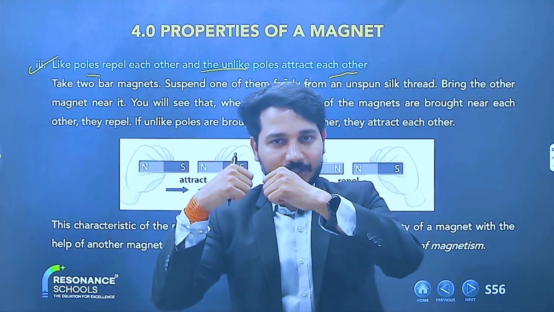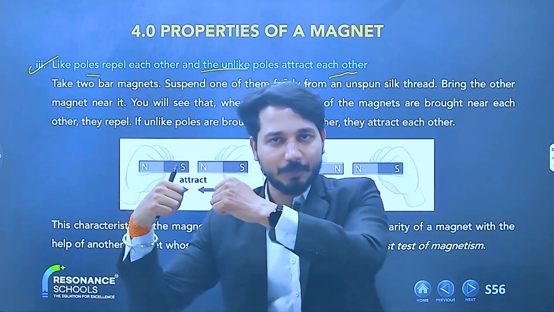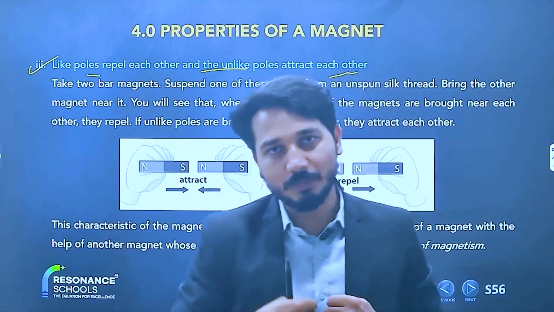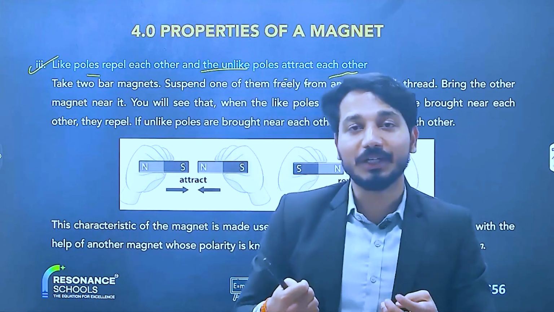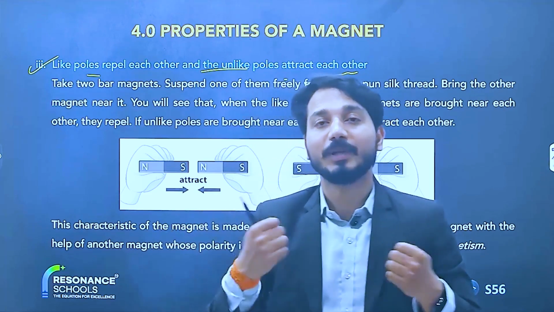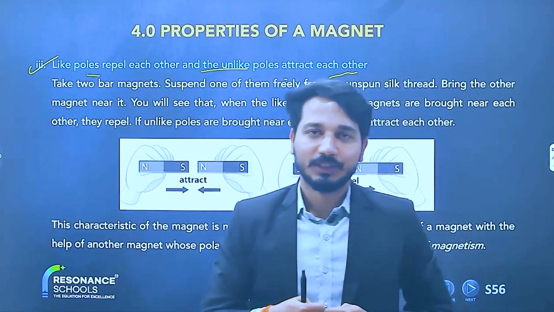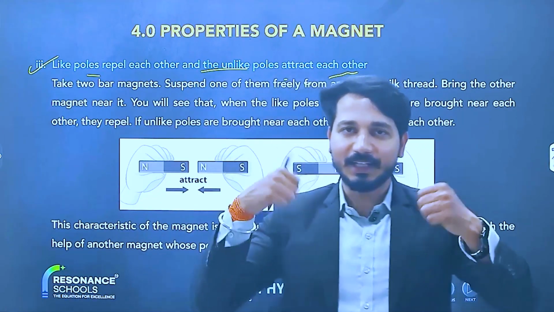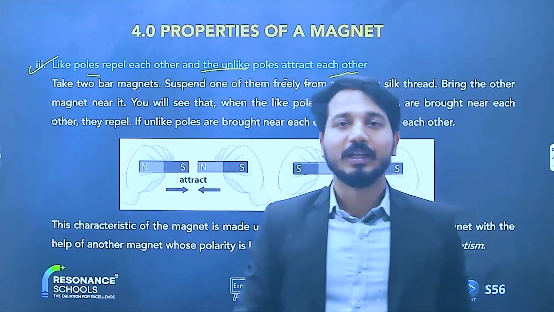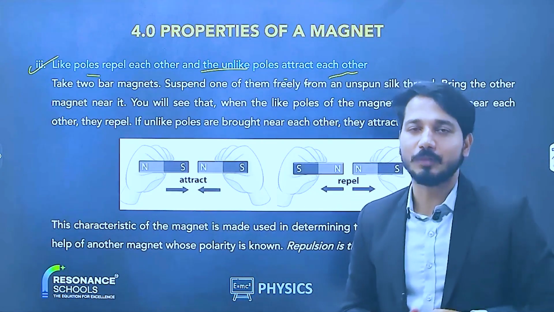As soon as you try to bring it closer, magnet 2 will start moving apart, moving away from magnet 1. This is what is called repelling, right? This is the meaning of repelling. They both will start moving away from each other. That is why we say like poles repel each other and unlike poles attract each other. This is the third property.